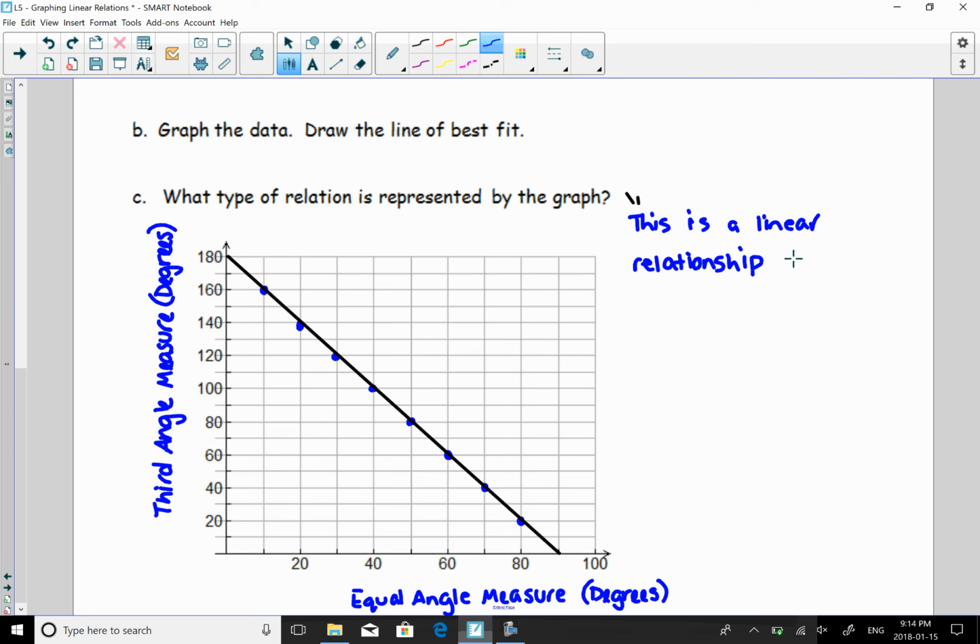So this is a linear relationship because all the points are on the line of best fit. And that's graphing linear relations. And what is a linear relationship?